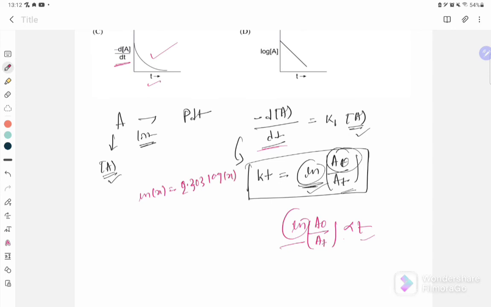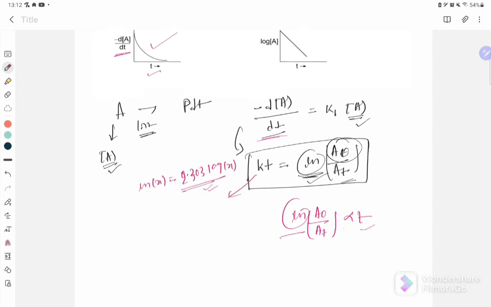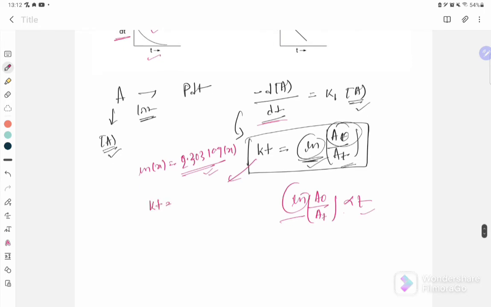So from here we can say kt is equal to 2.303 log of A0 by At.